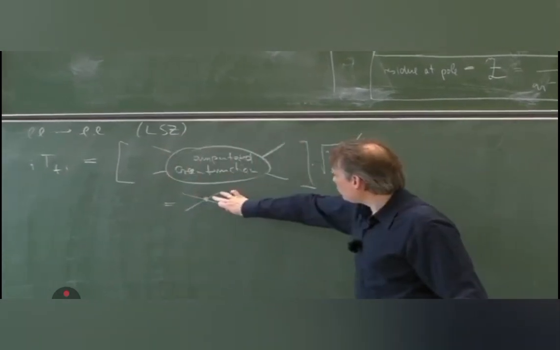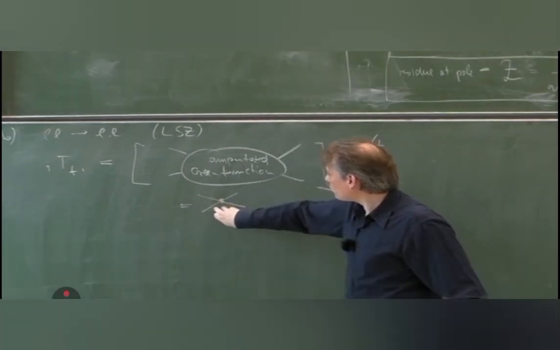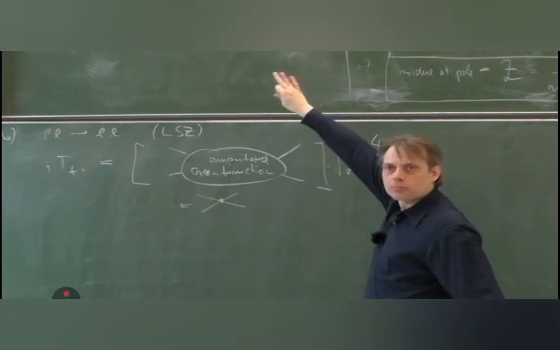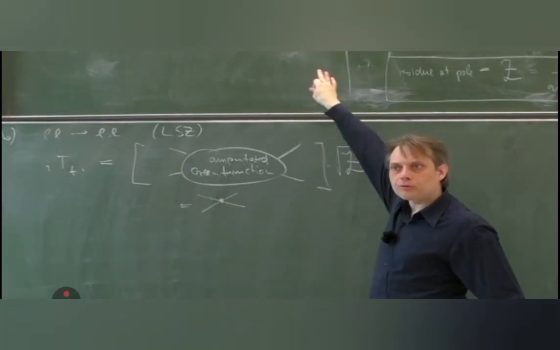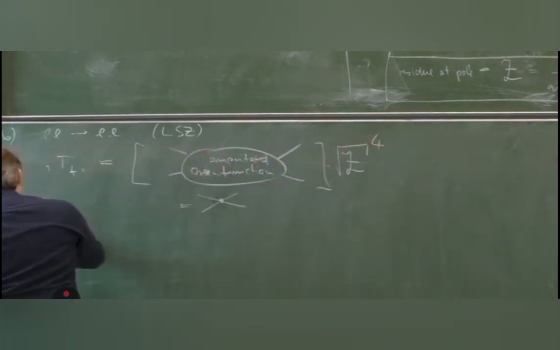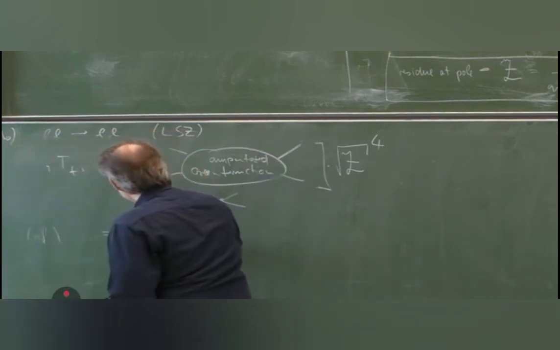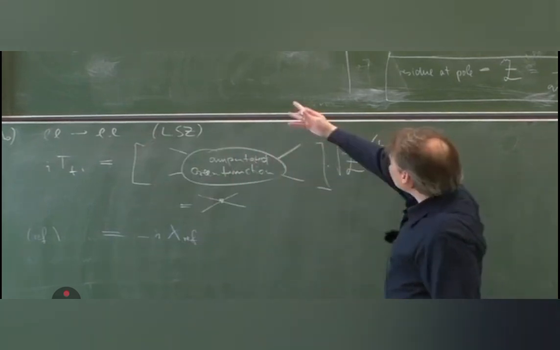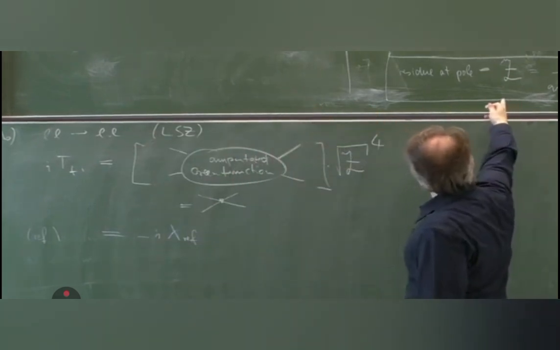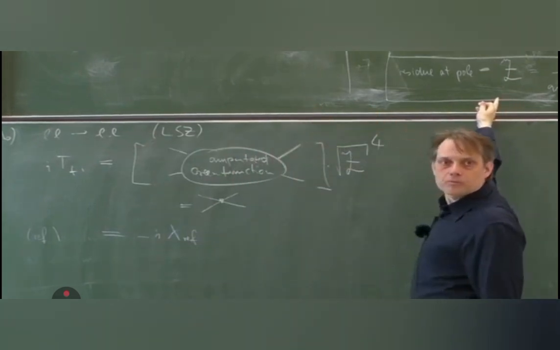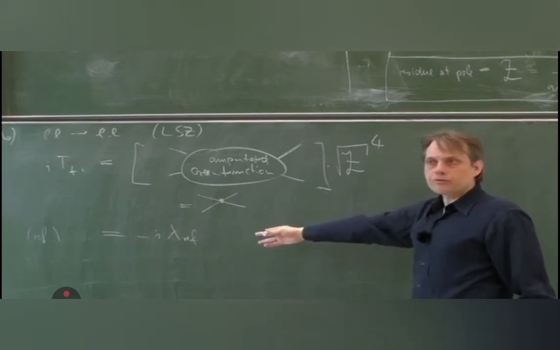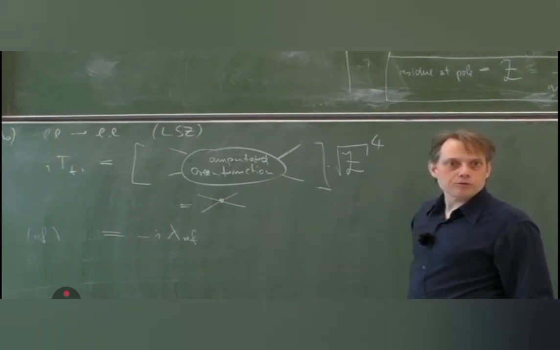And the external legs are not part of the diagram, so the diagram is literally given by the factor that we see in the list over there. And then we multiply with this. So therefore, in the reference theory, this is equal simply to minus i lambda reference, okay? Because that is the Feynman rule and the Z is 1. Therefore, that is the result for the physical scattering matrix element.